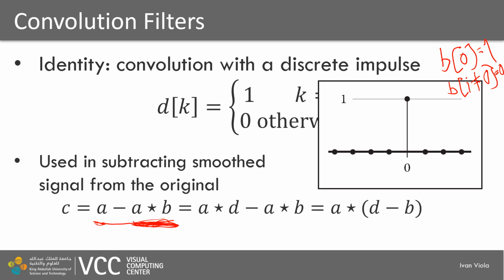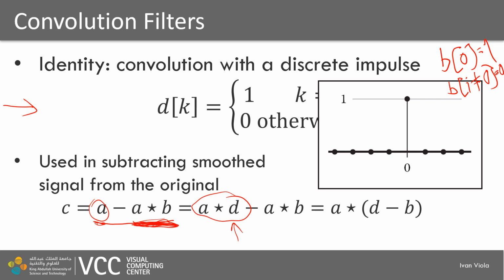And in order to perform such an operation, we can also reformulate it thanks to the distributivity law. We represent A as a convolution with the identity filter, which will again give A after the convolution.